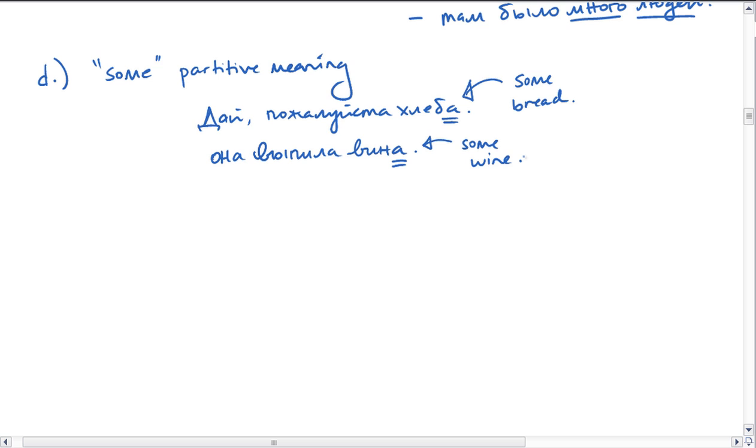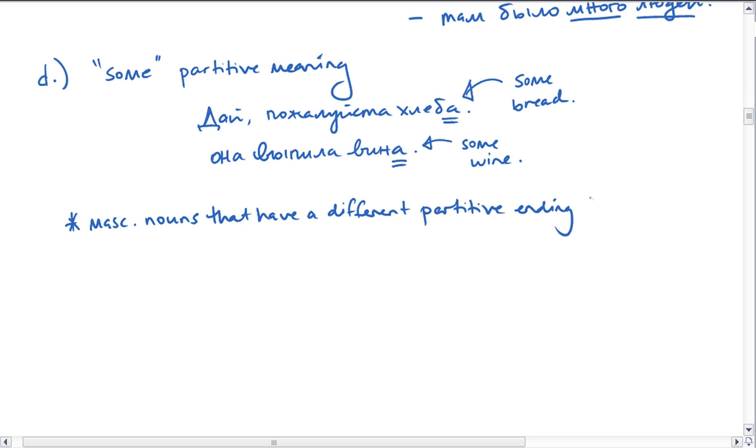And there are some masculine nouns that have a different partitive ending in addition to their regular genitive endings, right?